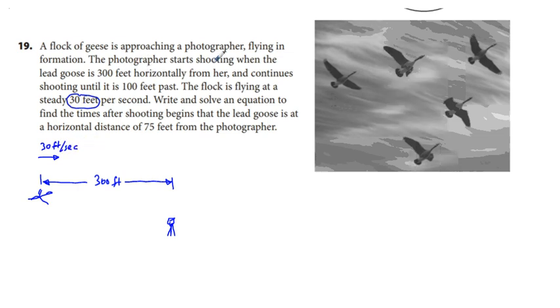So the photographer starts shooting when the lead goose is 300 feet horizontally from her, and continues shooting until it is 100 feet past.